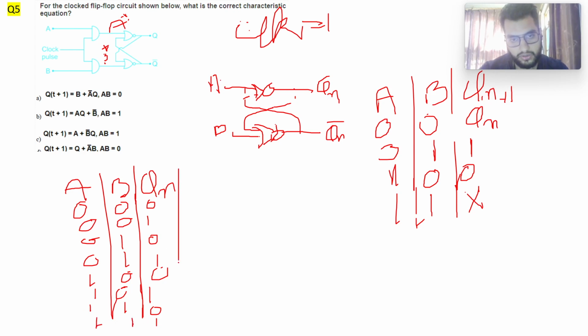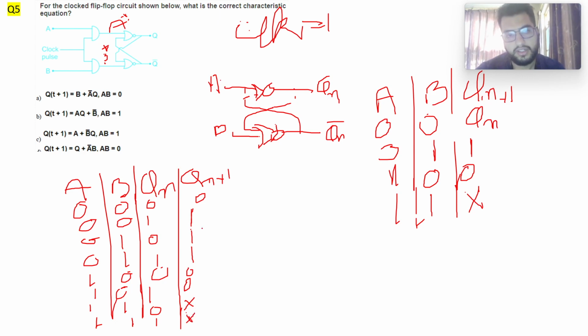Here we have Qn plus 1. When A equal to 0 and B equal to 0, Qn plus 1 will be equal to Qn. That is a memory condition. So this is simply 0 1. When A is equal to 0 and B is equal to 1, Qn plus 1 will be 1 1. So we have this 0 1 1. Then when A equal to 1 and B equal to 0, we have this 0 0. And when A equal to 1 and B equal to 1, the condition is invalid.